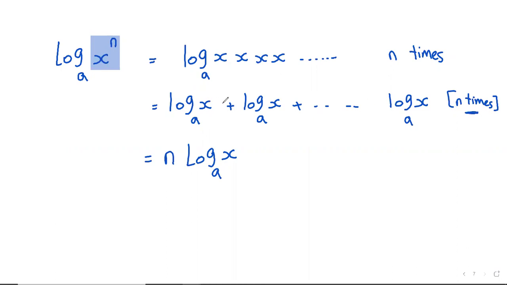So we have the same log added n times. We can write it as n log x in the base a. So log 5 to the power of 3 in the base 2 we can write as 3 log 5 in the base 2. Okay.